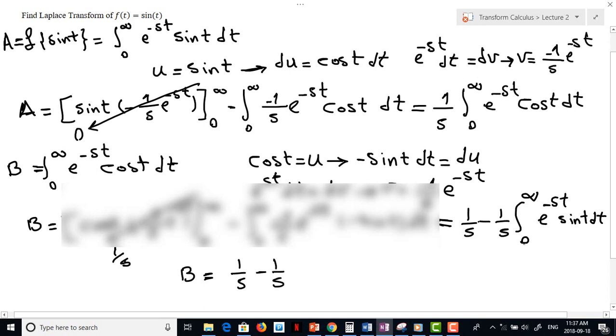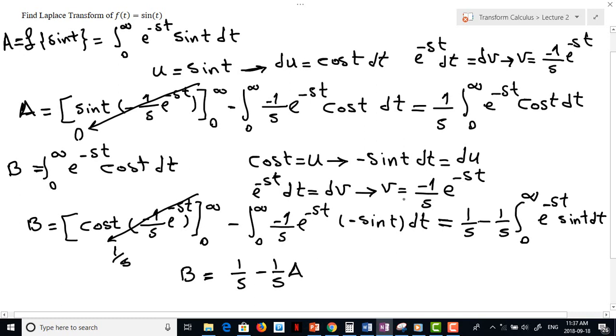So what's this integral? The integral from 0 to infinity e to the power of minus st sine t dt. So here on top, we defined it as A. So it's equal to A.